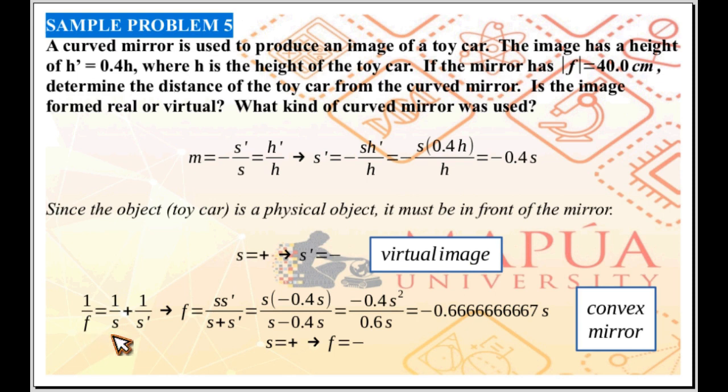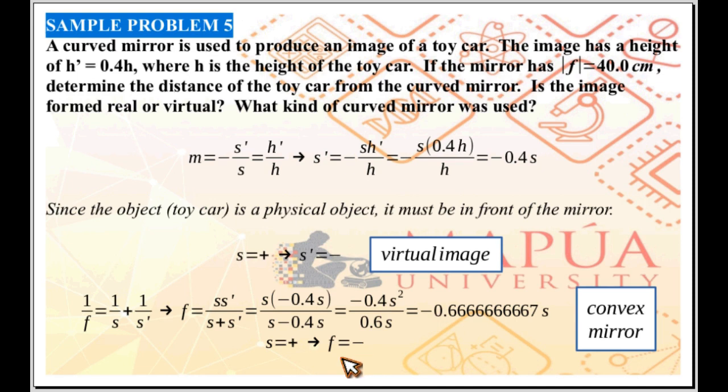Using the equation for image formation, 1 over F is equal to 1 over S plus 1 over S prime. Rearranging, we have F is equal to S S prime divided by S plus S prime. Knowing that S prime is equal to negative 0.4 S, we are able to determine that F is equal to negative 0.666 and so on S. And since S is positive, this tells us that F is negative.